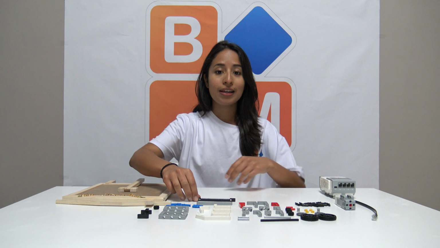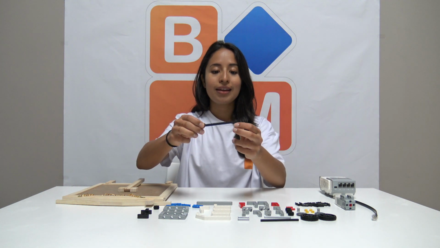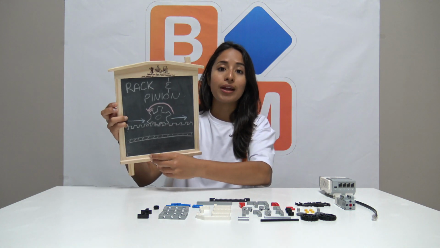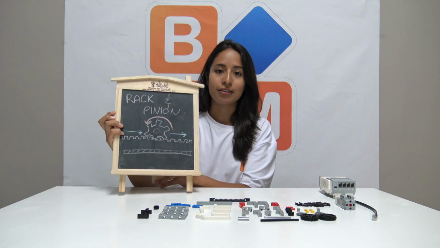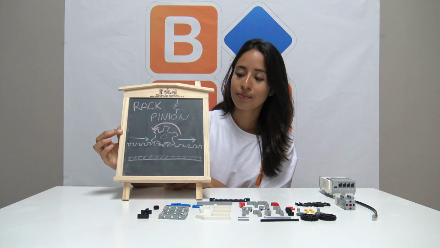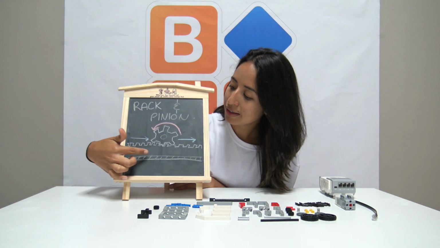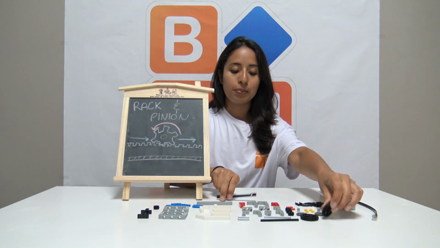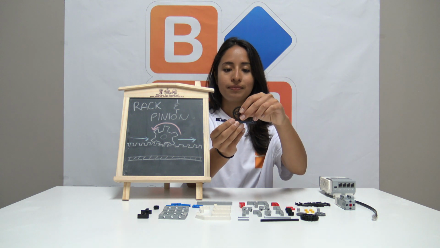We're going to be using the rack. Now the rack is very important because it allows us to create a new movement with the gears. So we call this movement the rack and pinion, where the rack is at the bottom and the pinion is the gear that is placed vertically on top of it.